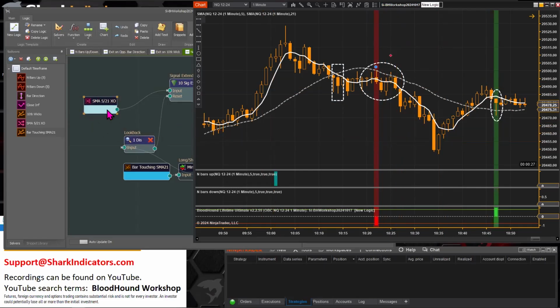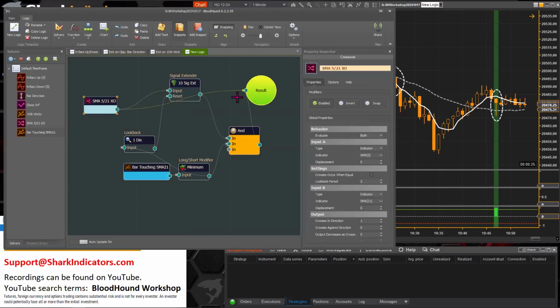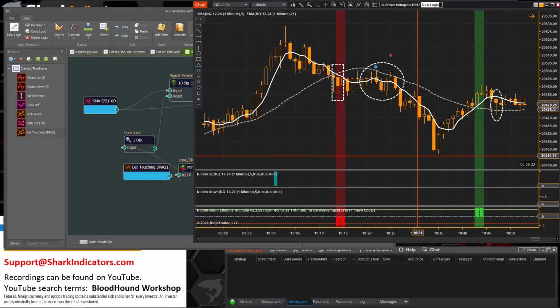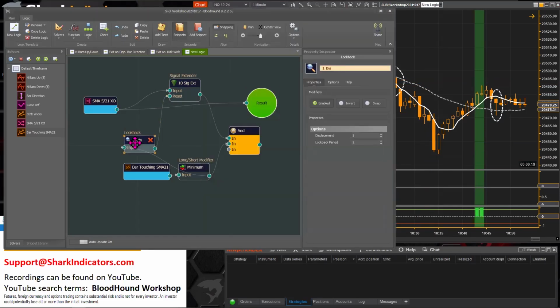So what I was going to do is take this signal extender here and use that to block or interfere with our reset signals. I was going to use this to basically disable or turn off our reset signal so it's not resetting the signal extender.